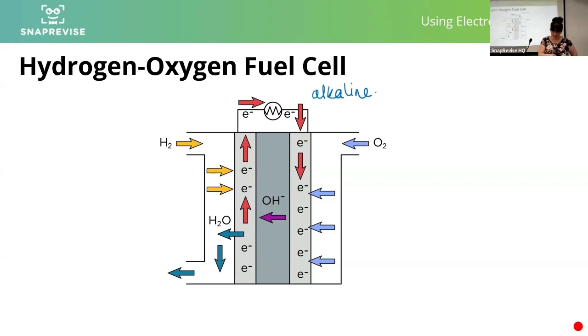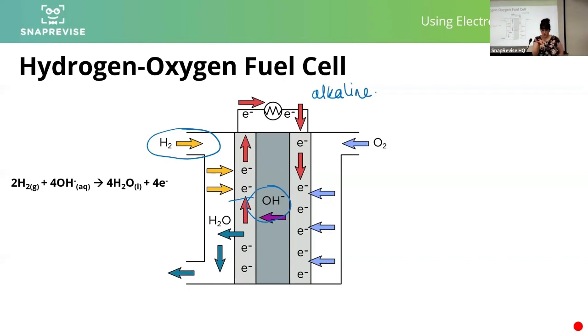On the left-hand side, we can hopefully see what is happening. We have got our OH minuses coming up and combining with the hydrogen H2 that is being input. It therefore is producing water, which we can then remove, and some electrons.